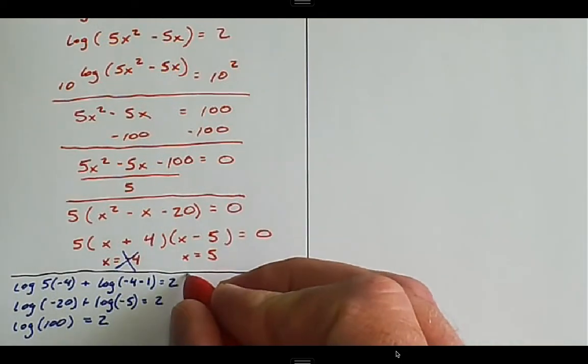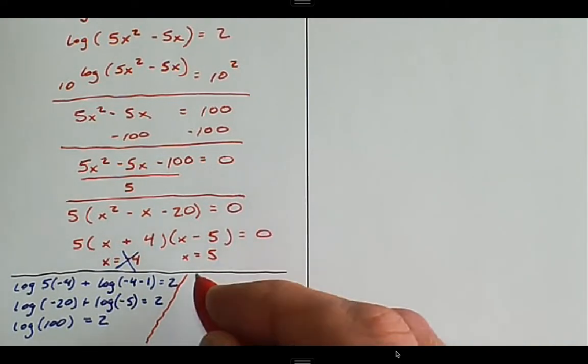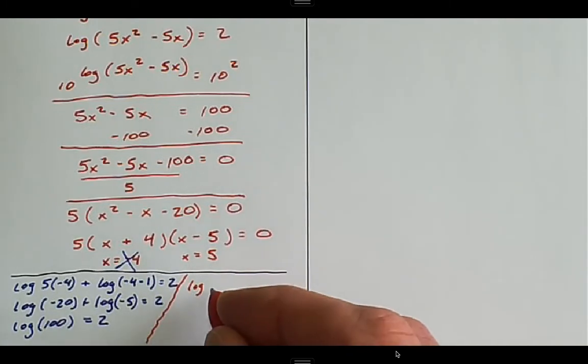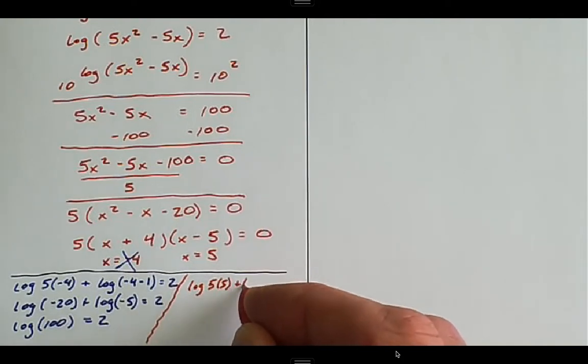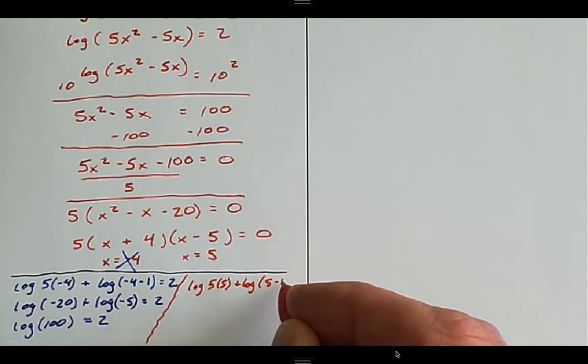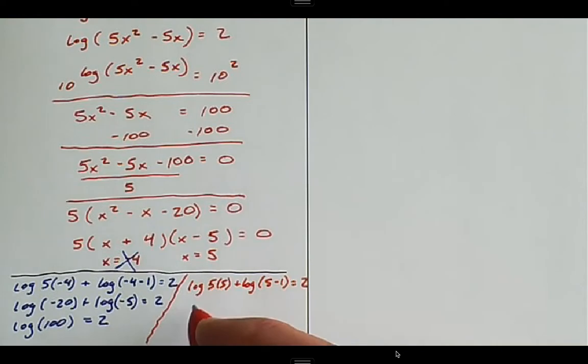And then we'll take a look at x equals 5. We're going to do the same thing. Log of 5 times 5 plus log of 5 minus 1, that's going to be equal to 2.